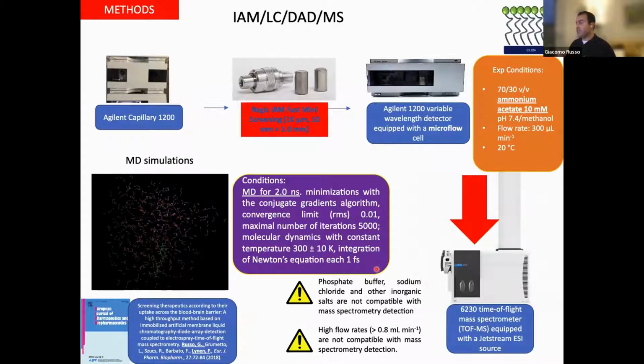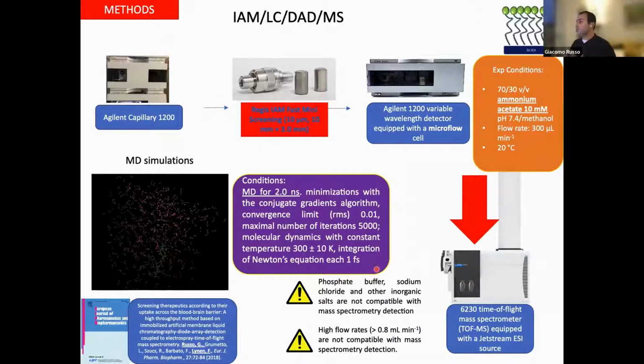Likewise, typically the flow rates applied in LC-UV are sometimes not compatible with mass spectrometry, because using higher flow rates, we are sending to MS a greater volume of mobile phase, which is typically aqueous, because we want to study phenomena happening in water, but then this volume has to be evaporated to give rise to the formation of ions, which is not that straightforward for this mass spectrometer to achieve.